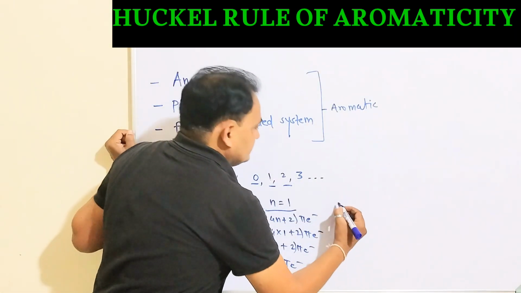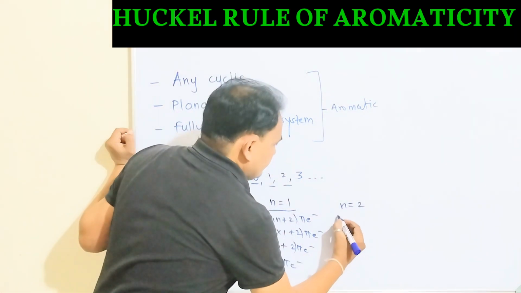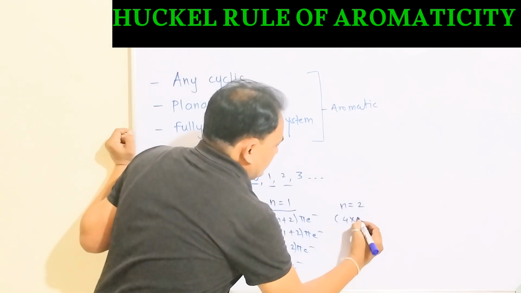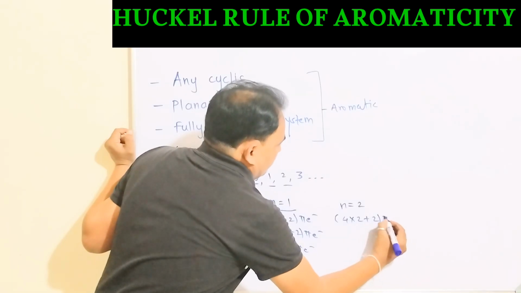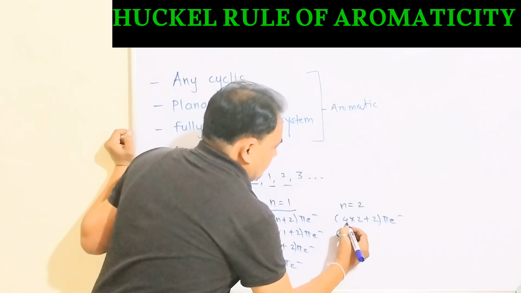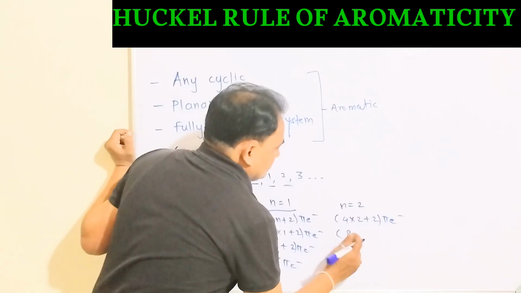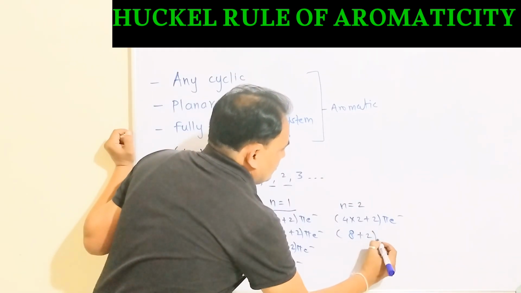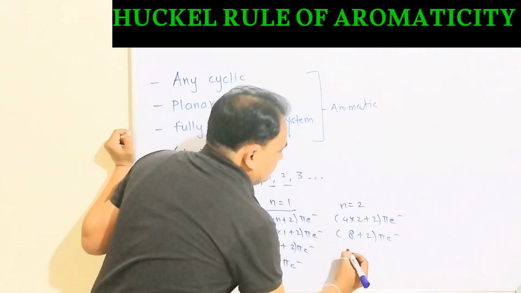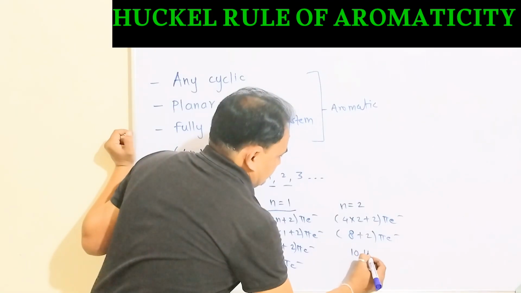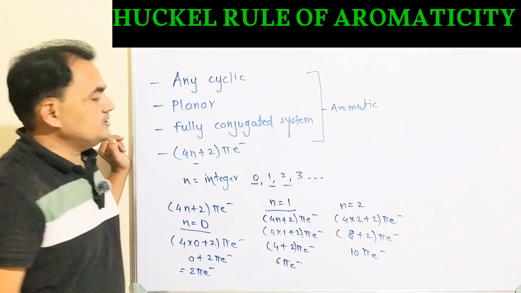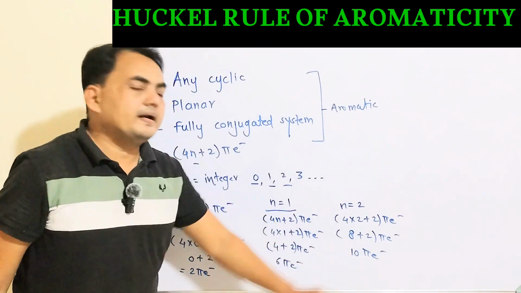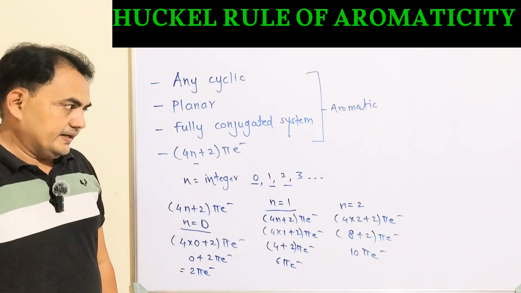Suppose we take n as 2, then 4 into 2 plus 2 pi electrons means 8 plus 2, that is 10 pi electrons. Those compounds containing 10 pi electrons are also aromatic.